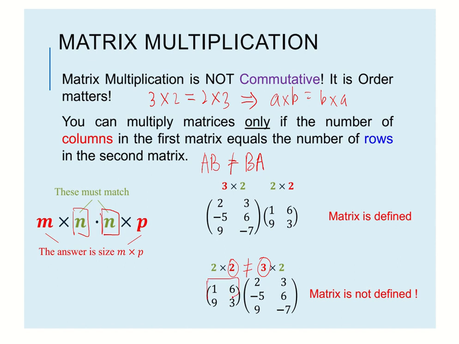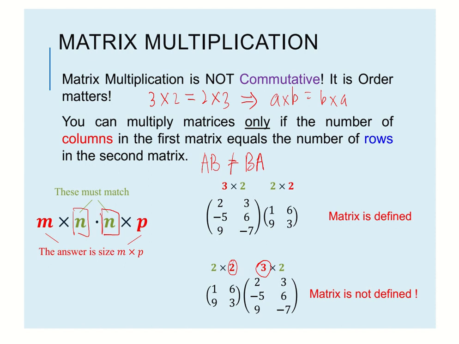Now, let's see what happens if we try. 1 times 2, 6 times -5, then we have an extra number here, which makes the matrix not definable. So we have to check the numbers in order to perform the multiplication. If they are the same number, they are matched, then we can actually perform it. If they are not the same, we cannot perform the multiplication.